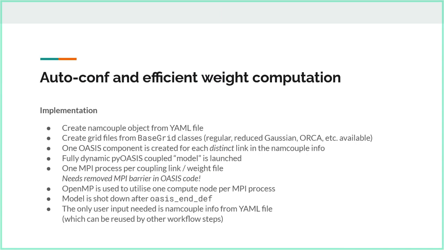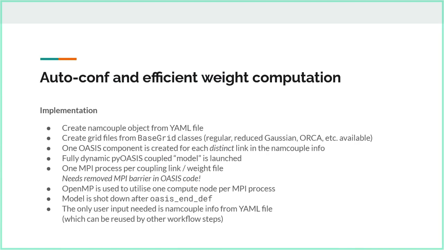There's one thing that is interesting to mention. To make this really work, and Eric helped us with that, there's one little barrier in the Oasis code that will destroy your MPI parallelization over the weights.